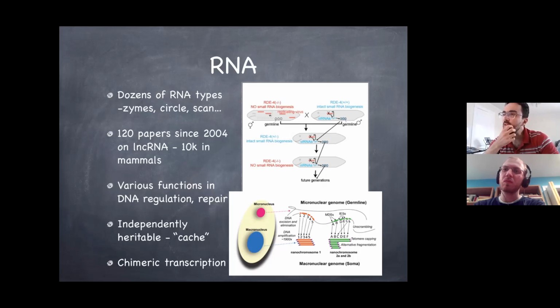But what I wanted to really discuss, which is very interesting, is a particular class of free-swimming single-celled organisms, which have an independent heritable cache of RNA that they pass on when they reproduce. There's a macronucleus, which is active and transcribed, and then a micronucleus, which is their germline storage of information.